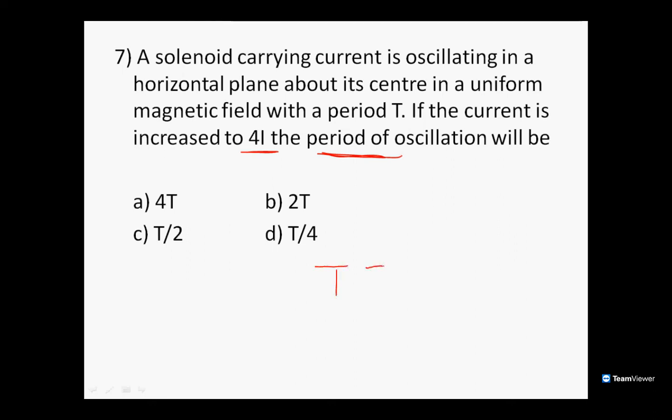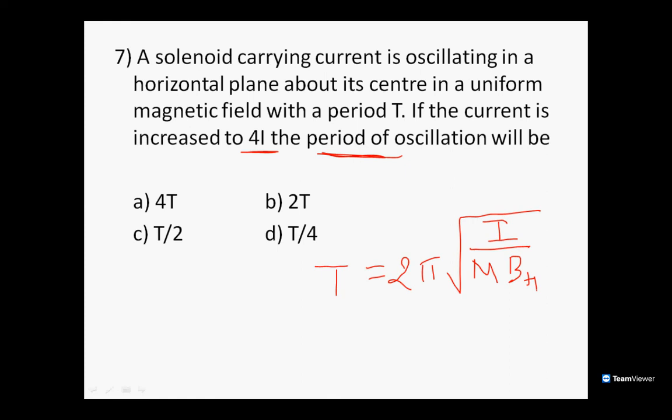In vibration magnetometer, we know the equation T equal to 2 pi square root of I divided by M into BH. Here I is not current, it is moment of inertia. B is magnetic field. M is magnetic moment.